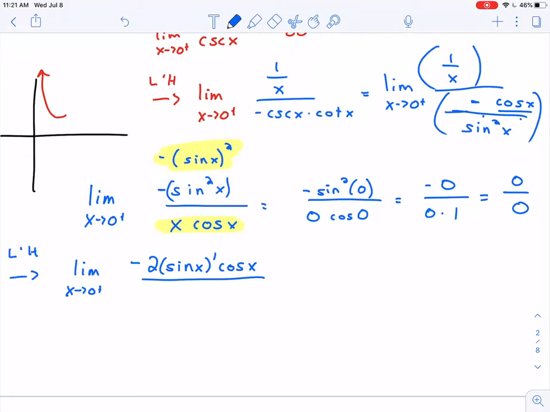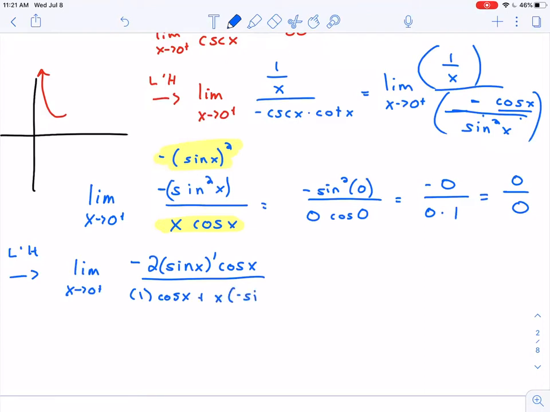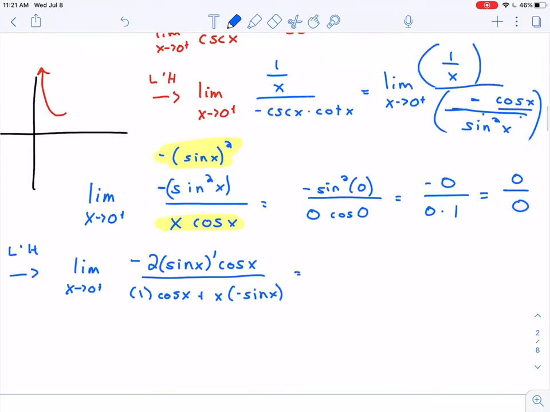So I'm going to take the derivative of x, that's just 1, times cosine of x, plus, this time I leave x alone, derivative of cosine of x, that's negative sine of x. And let's just clean this up now. This is the limit as x approaches 0 from the right-hand side, negative 2 sine x cosine x divided by cosine x minus x sine x.